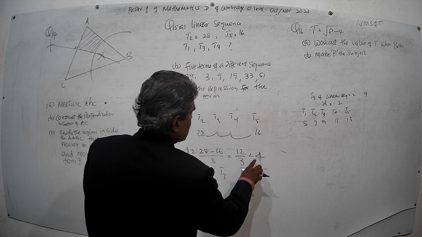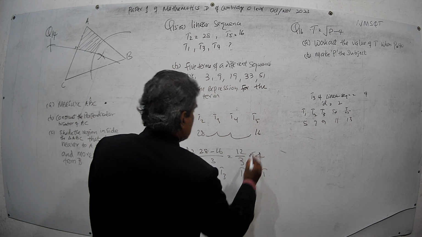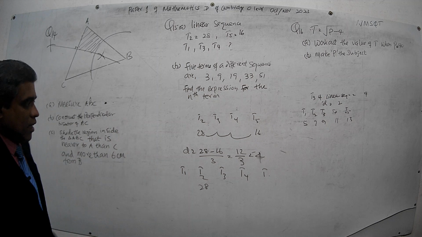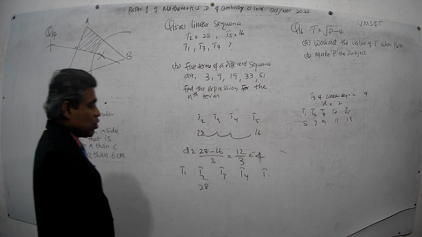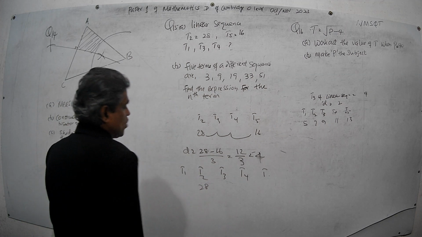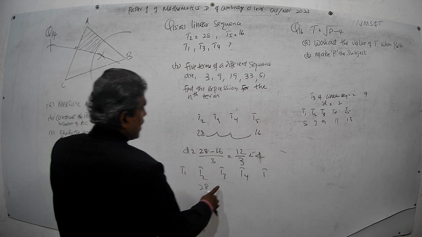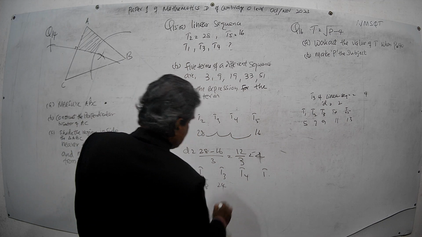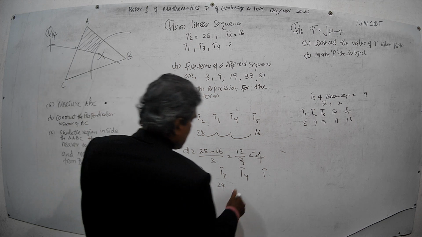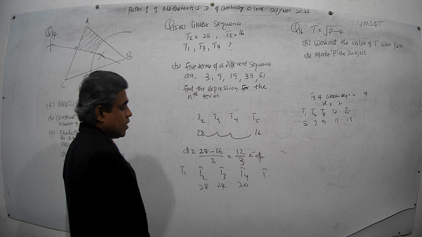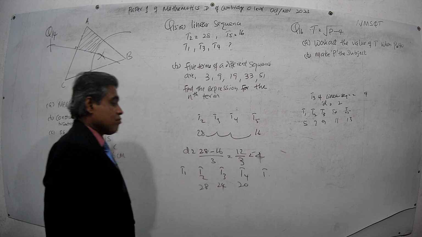Therefore, the common difference is not just 4 but minus 4. Terms have decreased by the common difference. The second term is 28. Then the third term will be 4 less than this, 24. 4 less than this will be 20. You deduct another 4 from 20. That is right.